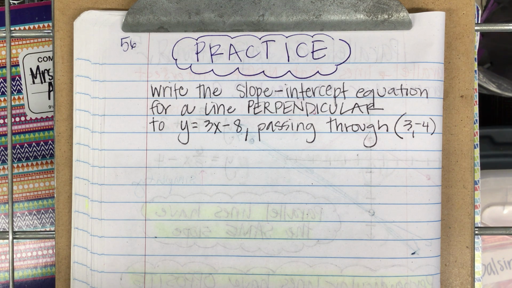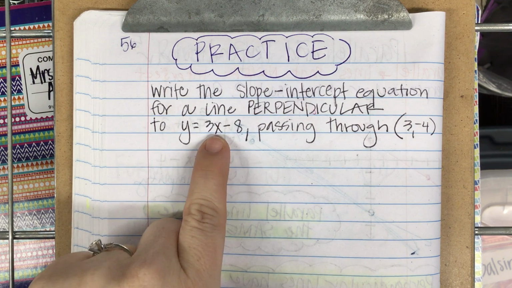If I was going to use point slope form, I'd probably need to have a point and a slope. Are you sure? Slope is in the equation. Okay, so I hear some good thoughts. I hear slope is in the equation. Where? It's in this equation right here, right?